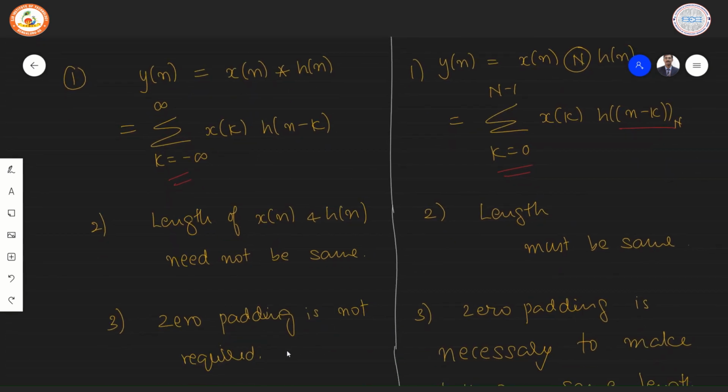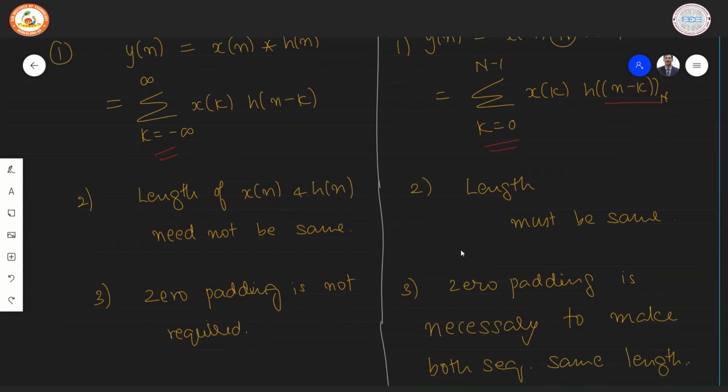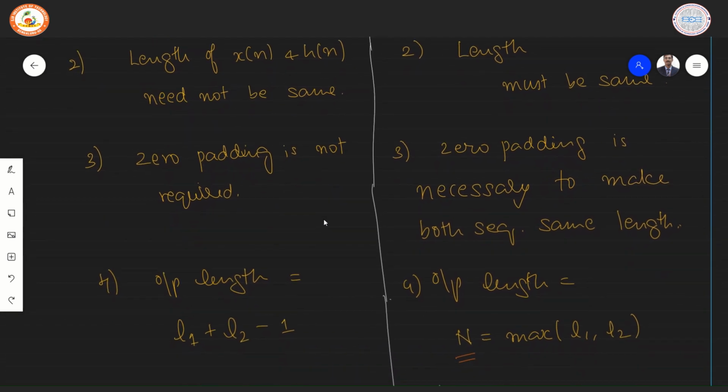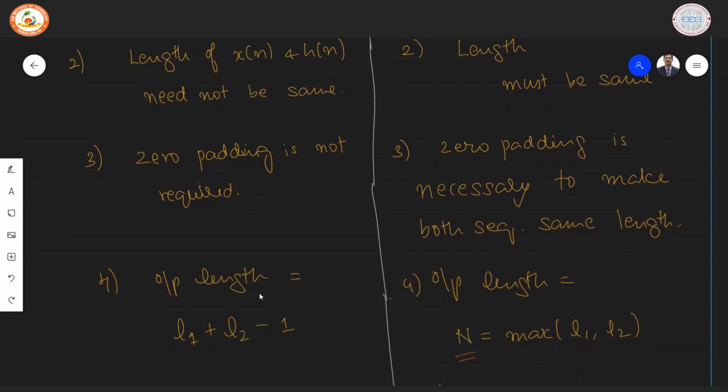Zero padding is not required for linear convolution, whereas it is necessary to make both sequence same length in the case of circular convolution. The output length in the case of linear happens to be length of the first sequence plus length of second sequence minus 1, whereas the output length for circular is capital N, which is greater among the two lengths.